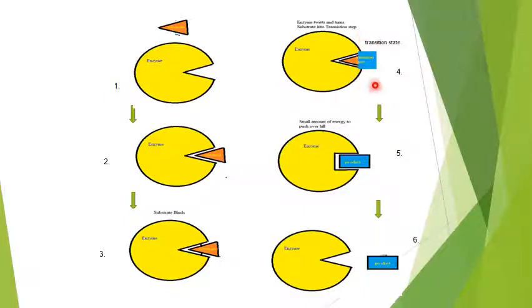And then what happens is some energy comes in here and then turns it into the product. So the chemistry doesn't happen until we get here. All right. So this first step is it binds, twists and turns into this transition state. And then you get the chemistry where it actually turns the reactant into the product.